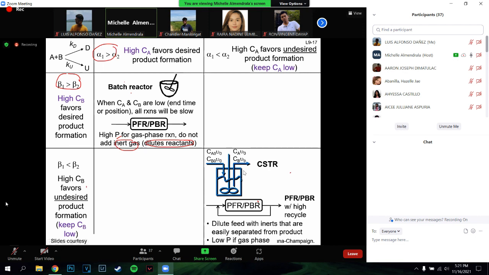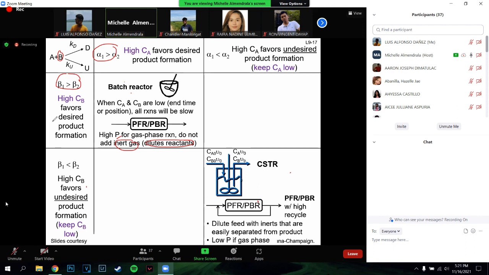Anyway, so decision making when you have again this table. Now we have the second case wherein beta 1 is less. The power of beta in the first reaction is less than the power in the second.